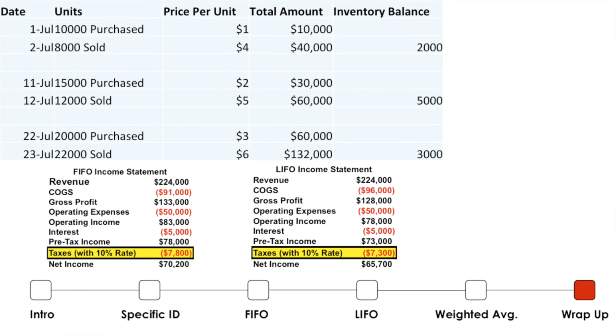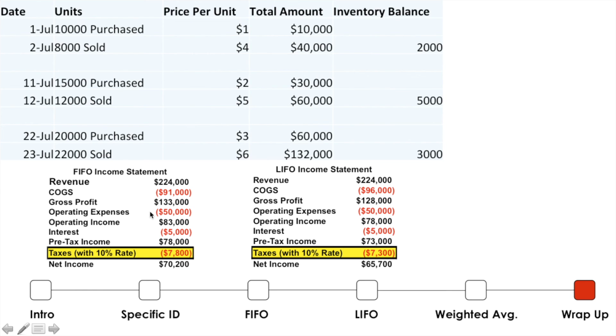So now I wanted to talk about tax advantages. And you'll notice in our example, the costs were rising, 1 to 2 to 3. And you'll oftentimes be asked, when costs are rising, which method should you use if you want the greatest tax advantage? And the answer is you should use LIFO, because in these mini income statements I've provided, when we used LIFO, we paid taxes of $7,300.